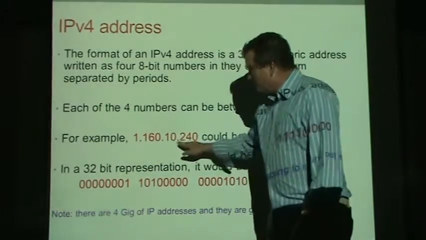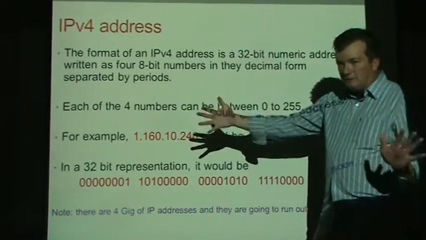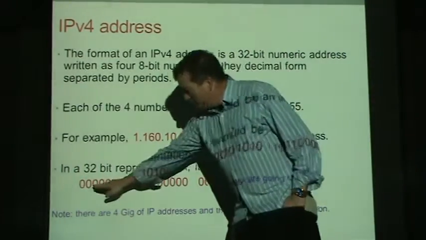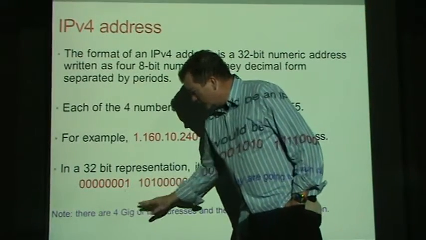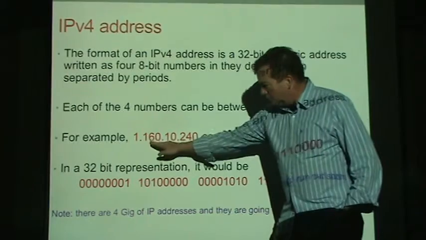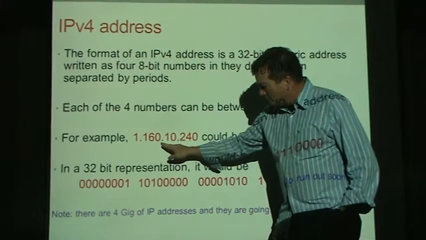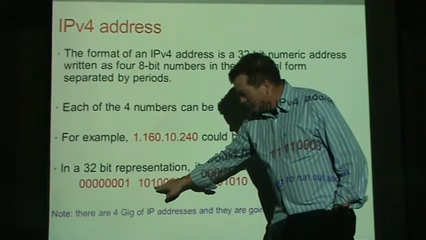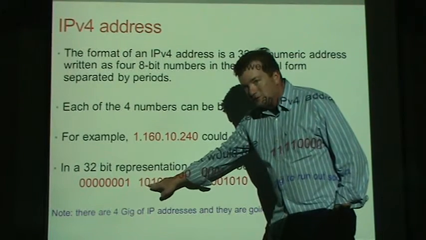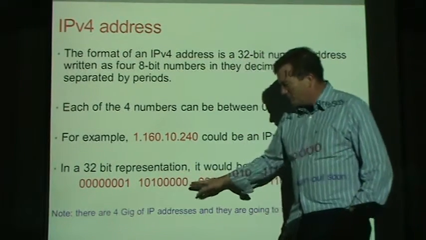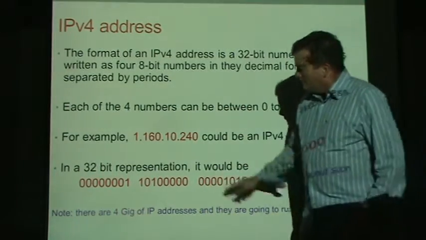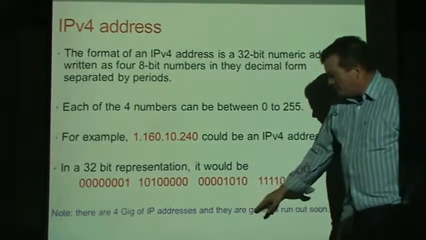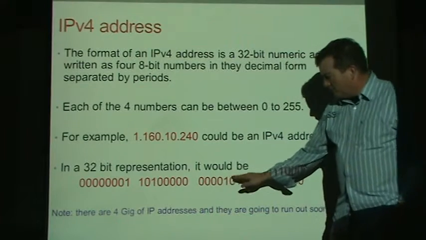But this IP address, if you wanted to write it out in its 32-bit format, it would be the 8 bits that represent 1, and the 8 bits that represent 160, which is 128 plus 32, and then all the others are zeros. 10 written out as an 8-bit number is 00001010.